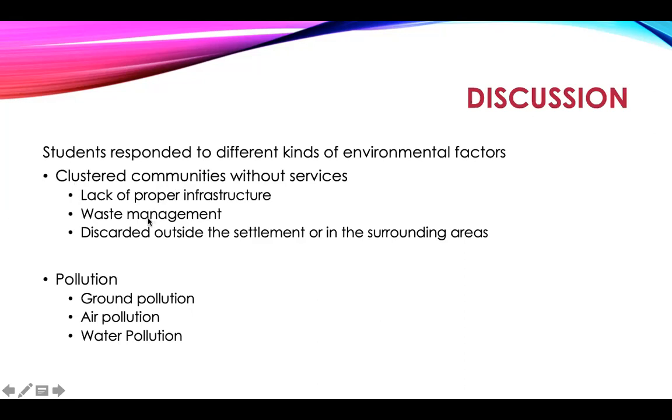There's poor waste management. As a result, waste is discarded outside the settlement or in surrounding areas. And that in turn leads to pollution, and the three different types of pollution, ground pollution, air pollution, as well as water pollution, were discussed by the students.